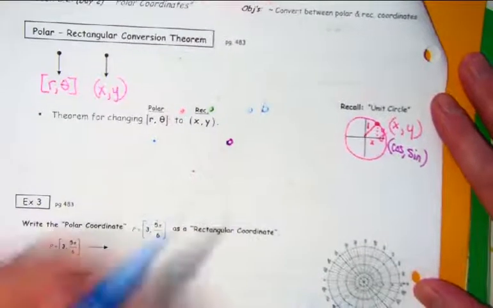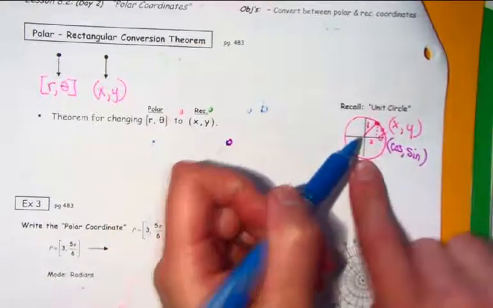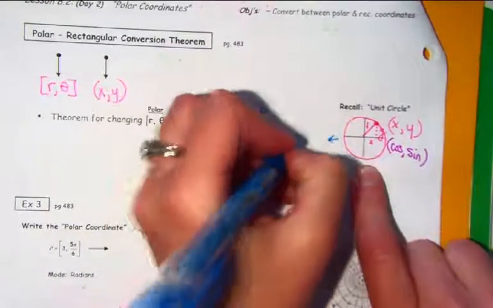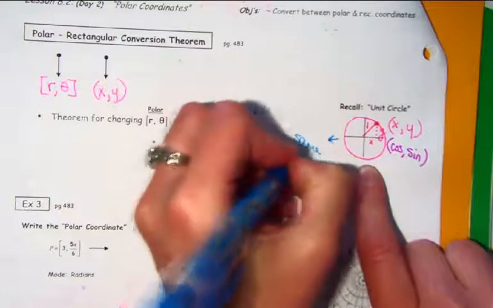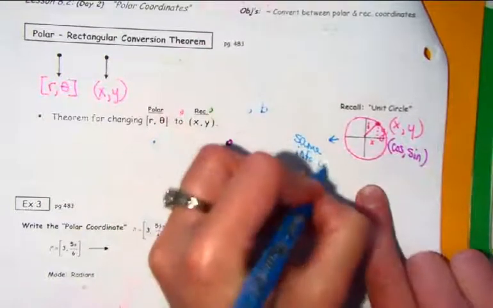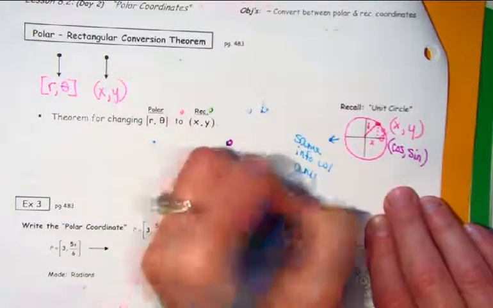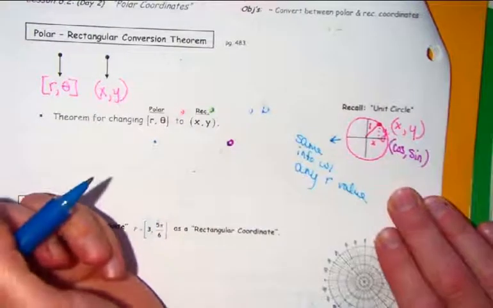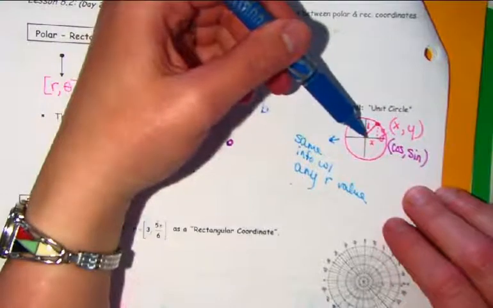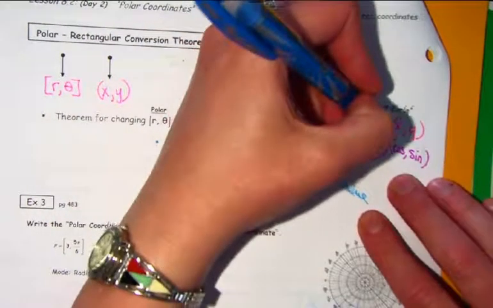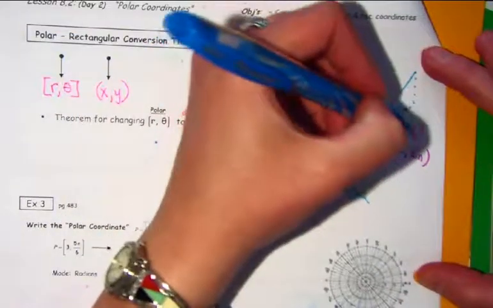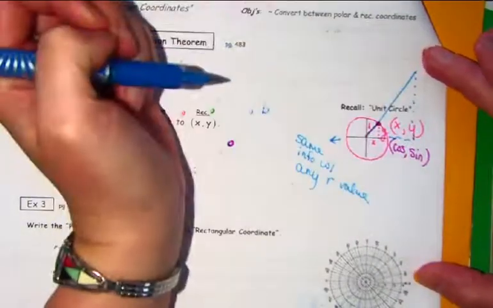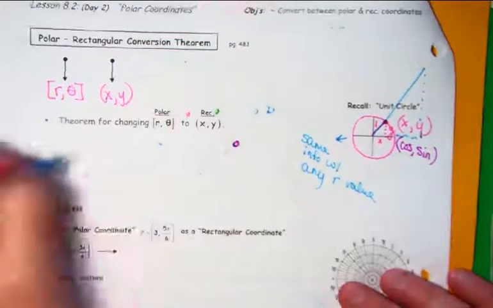That's good to know because all we're doing now is taking this same info, so we've got our same idea, with any radius value. So instead of this now just being a radius of 1, we can possibly have a radius that's way out here like this. And we're still going to have an x and a y coordinate. Alright.